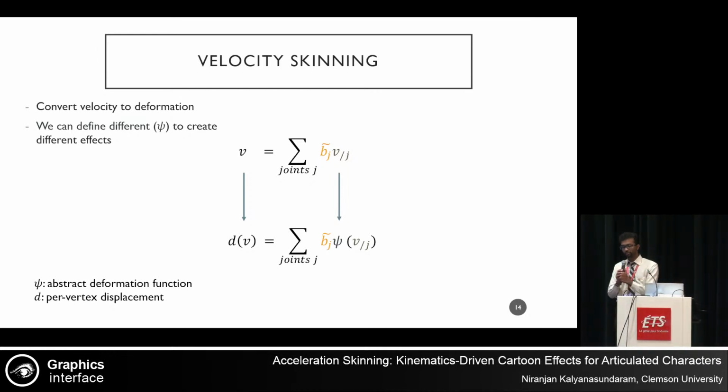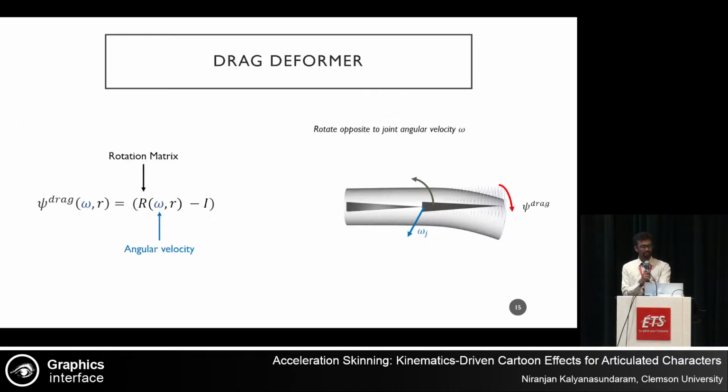Our approach is to define our own abstract function, which we call psi, and as a parameter, we use velocity. This function can do whatever you want it to do, just that the input parameter is velocity. This is where we have the results of squash and stretch and drag. These are different deformation functions that you can define. And finally, what we end up with is the displacement of a vertex, or where this vertex moves.